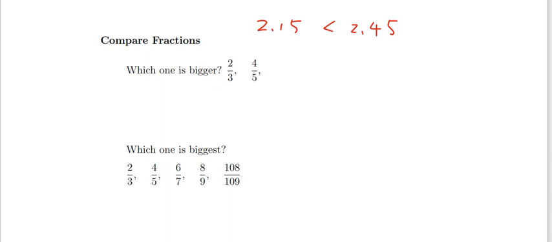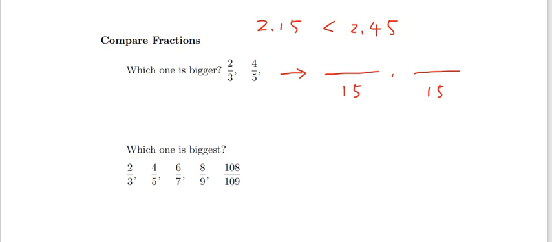Let's say the quick way is, for this one, for comparison, we change to a common denominator. So this becomes 15. Then we only need to compare the numerators.